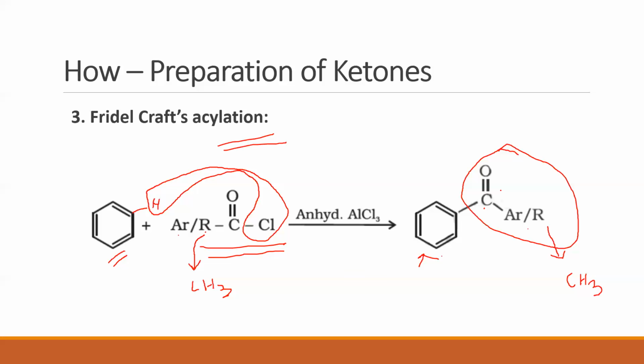Anyone is fine. So as the name itself suggests, you should be in a position to deduce the structure. Biphenyl ketone means this is a ketone which contains two phenyl groups. Clear? So with this, I think it's easy for you to write down this reaction. Take this reaction as homework. Clear? Is this method clear?